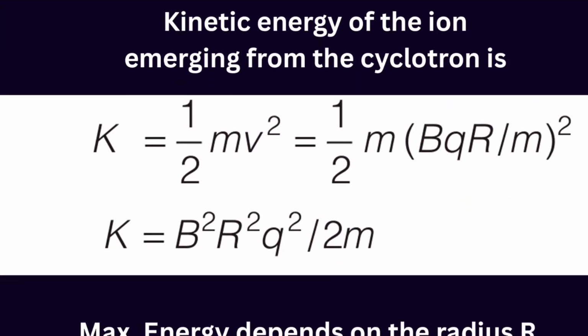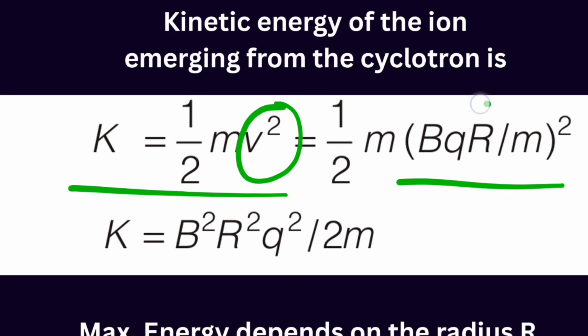Now, the kinetic energy of the ion emerging from the cyclotron. We simply put the value of v here. Kinetic energy is half m v squared. So, half m times B q r by m, squared. This r is the largest radius of the D before entering the bombardment chamber.